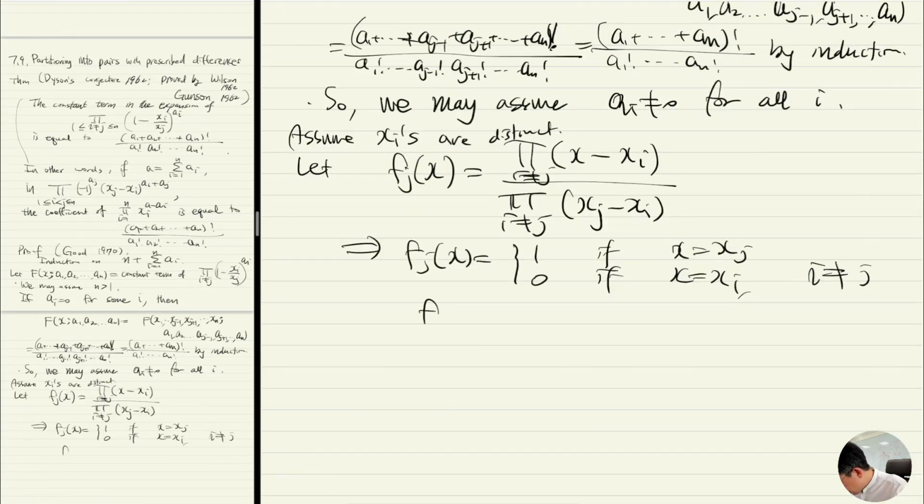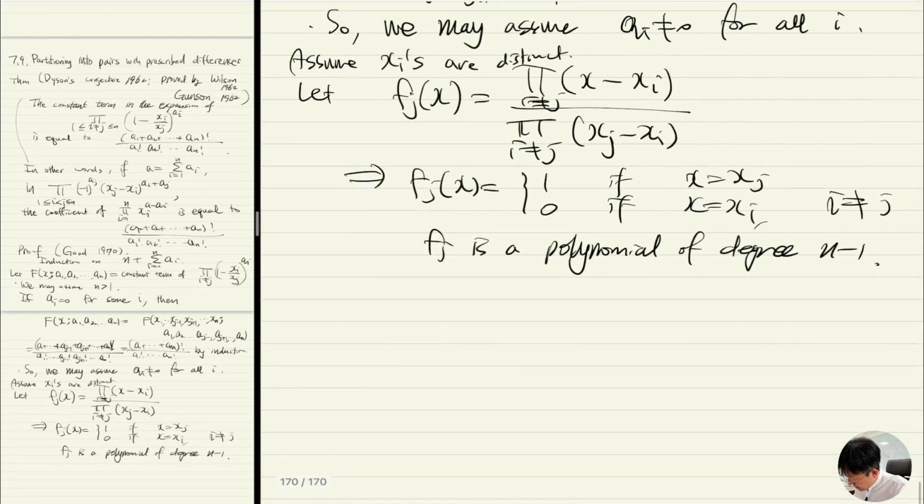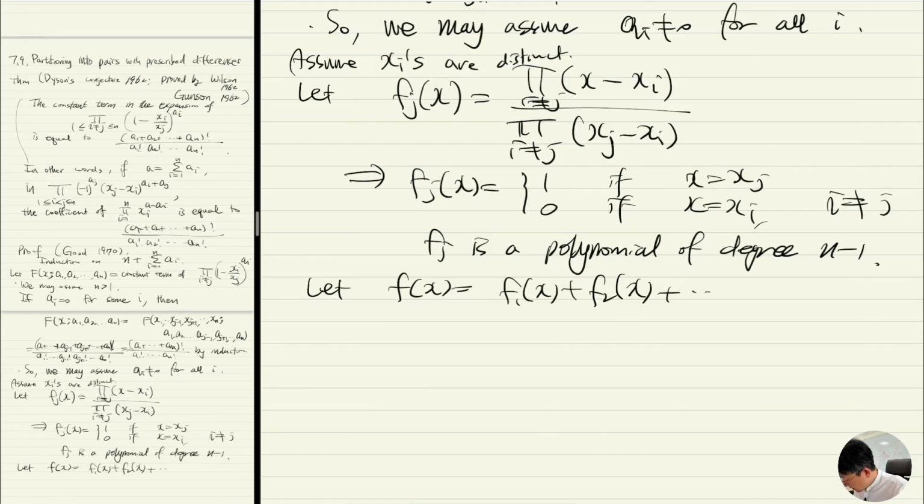So fj is a polynomial of degree n minus 1. Now let f(x) be f1(x) plus f2(x) and so on; I'm adding all these things. Then f(x) is 1 for all xi, right?